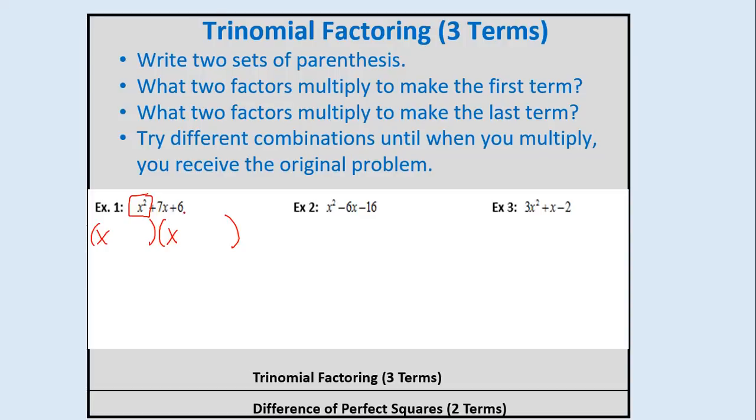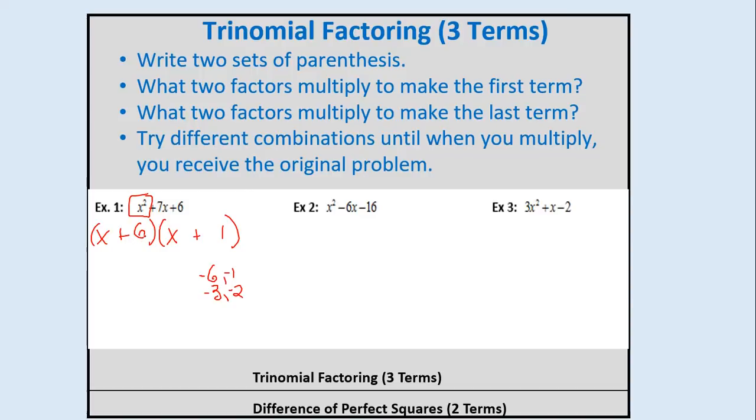And then I'm going to ask myself, what 2 numbers make 6? Well, 6 and 1 make 6. 3 and 2 make 6, right? So let's check. I'm going to try a 6 and a 1. I also know that these could also be negative, right? So let's try, I'm going to try positives.